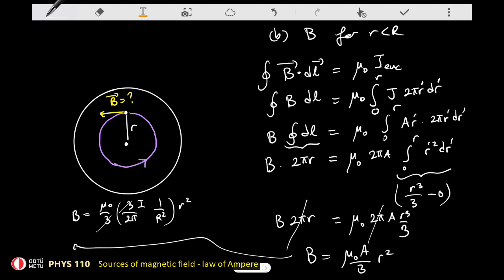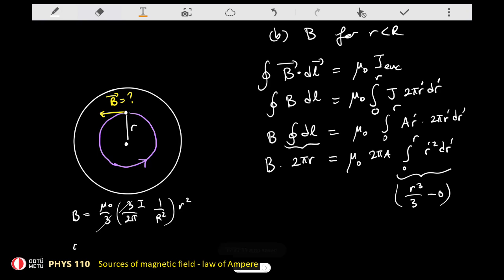since I don't have space left, I'm going to erase this thing in here and write it in here. So the magnetic field is mu 0 I over 2 pi. I made a mistake in here.